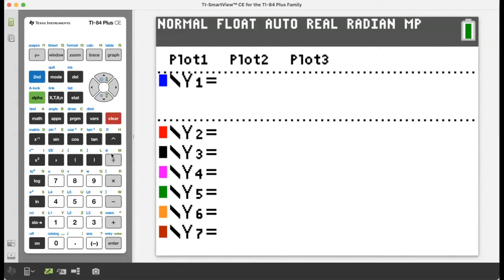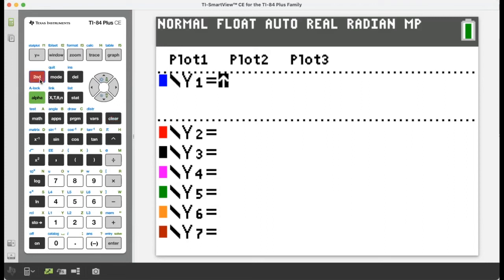Don't confuse it with the second function e, which is above the division. Again, as I said, the natural exponential function is the inverse of the natural logarithm, which you will learn about in the next lesson. So the base e, or e to the power x, is just above that ln key.